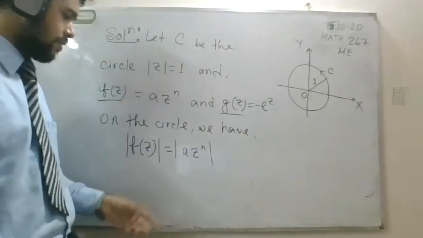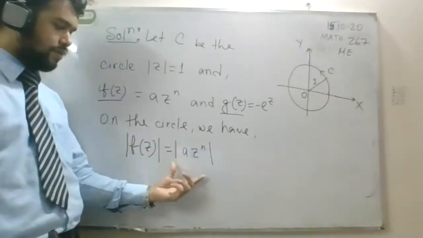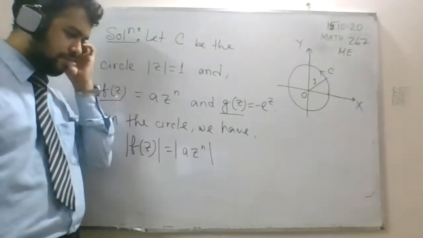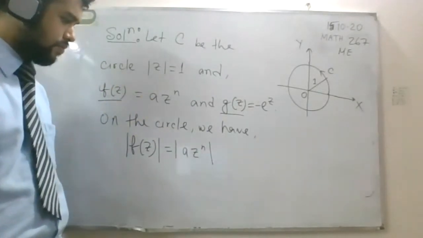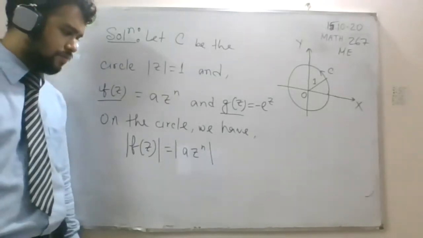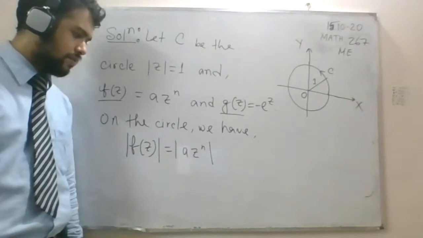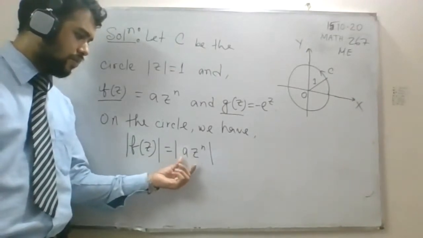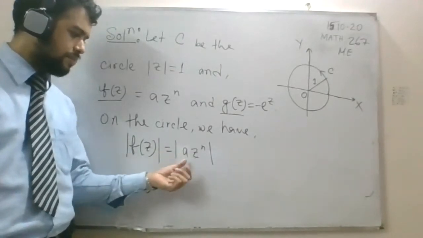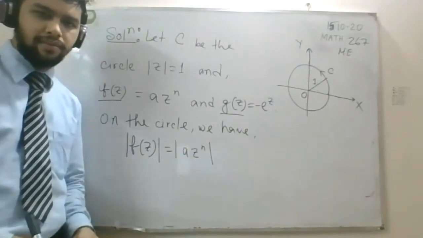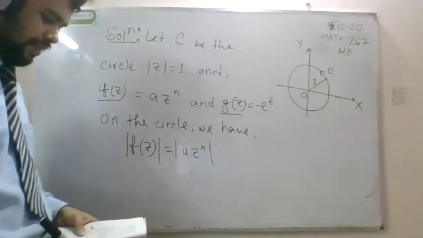Now, please tell me what is the result from here? What do we find from here? If we take the modulus of f of z, that means a z to the power n. Anyone?